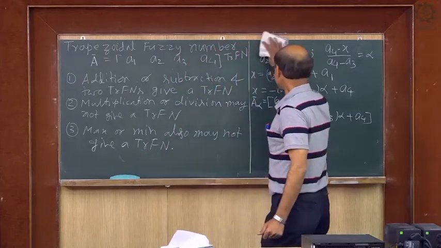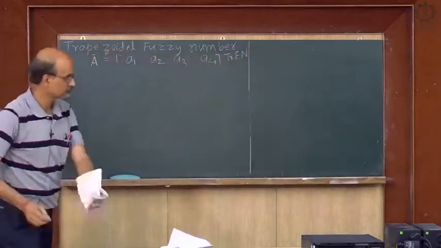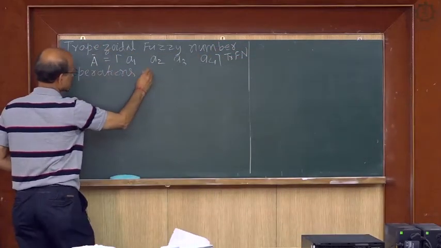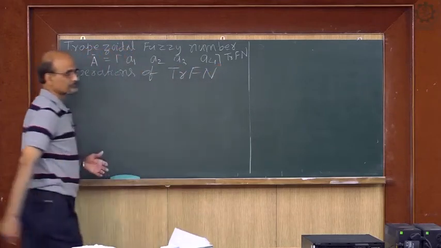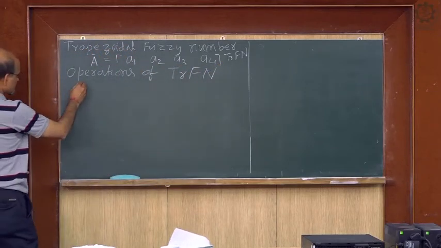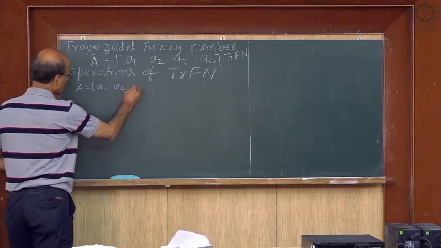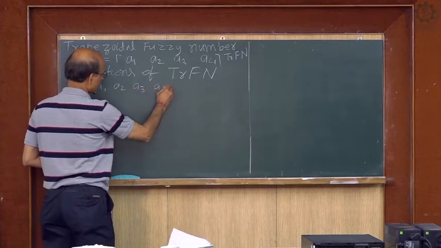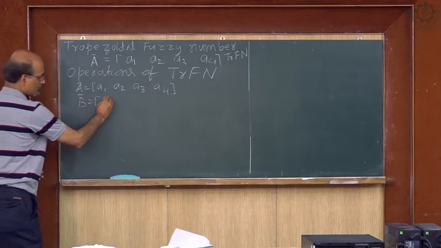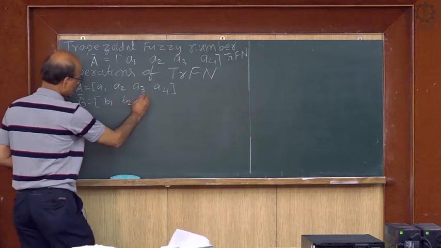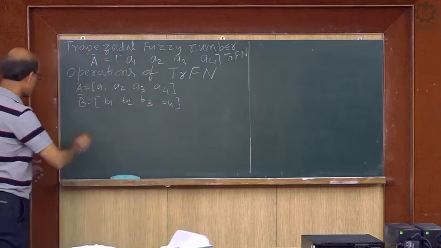Now come to the operations. Operations of TRFN. So, if I have two TRFNs, A bar as A1, A2, A3, A4 and B bar as B1, B2, B3 and B4, then addition is very simple.